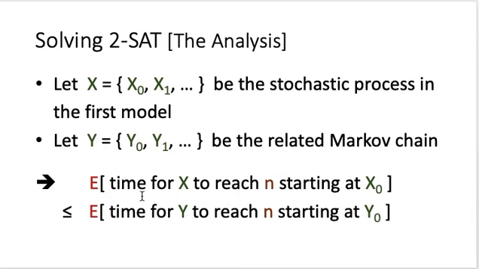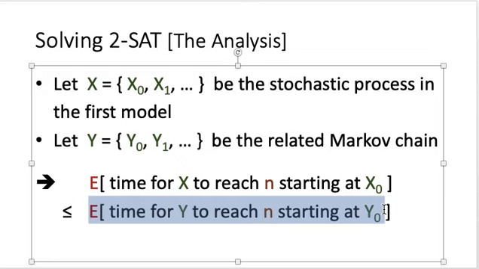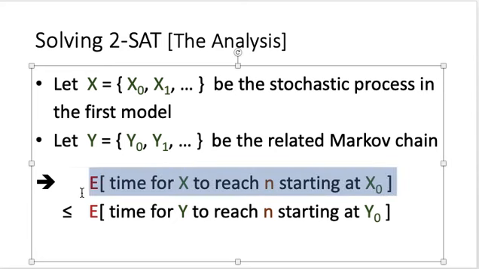So reaching n in the first model is easier. If we can compute the expected value for the Markov chain, it gives us an upper bound on the expected value for the algorithm.